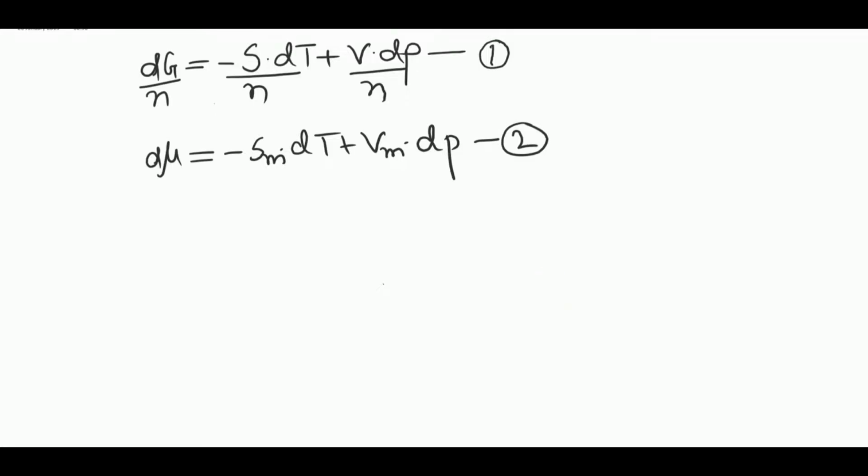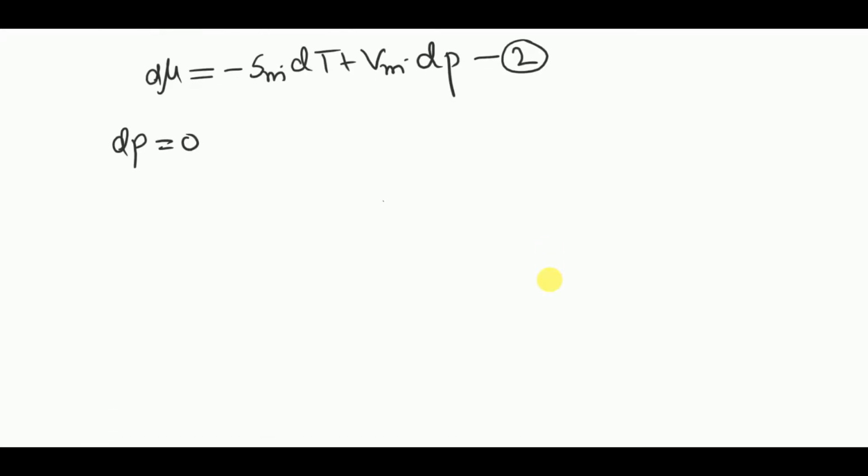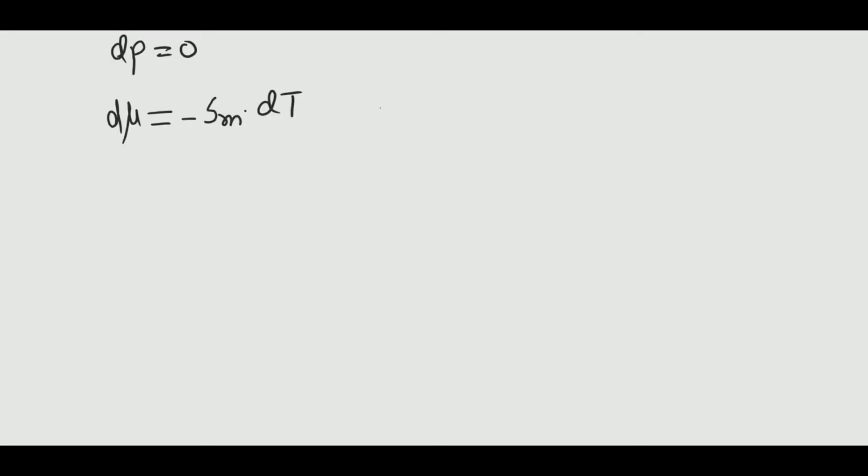At constant pressure, dP is equal to 0, hence dμ is equal to minus molar entropy into dT. Hence, dμ by dT is equal to molar entropy.